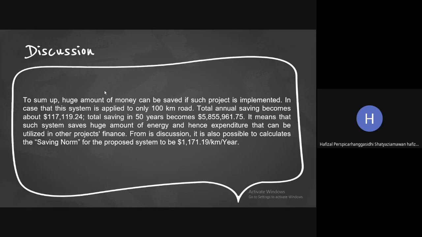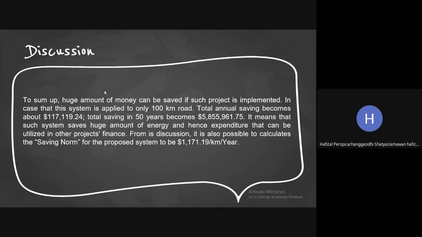Total saving in 50 years becomes $5,855,961 and 75 cents. It means that such a system saves a huge amount of energy and hence expenditure that can be utilized in other project finance.